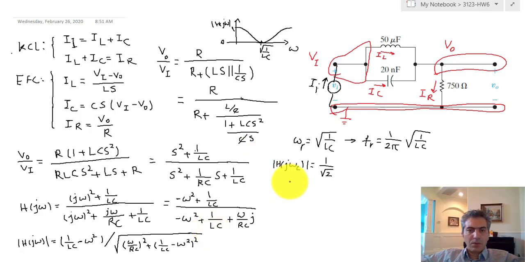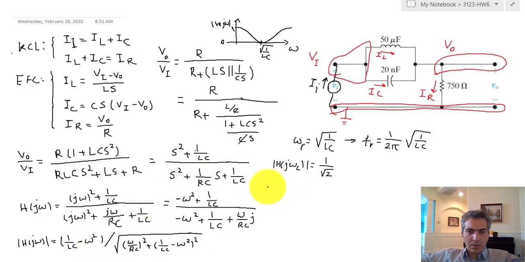Okay, now to actually calculate the cutoff frequencies. First of all, there are going to be 2 of them, but to calculate them, we have to solve this equation. Now I'm going to divide both the numerator and the denominator by 1/LC minus ω².